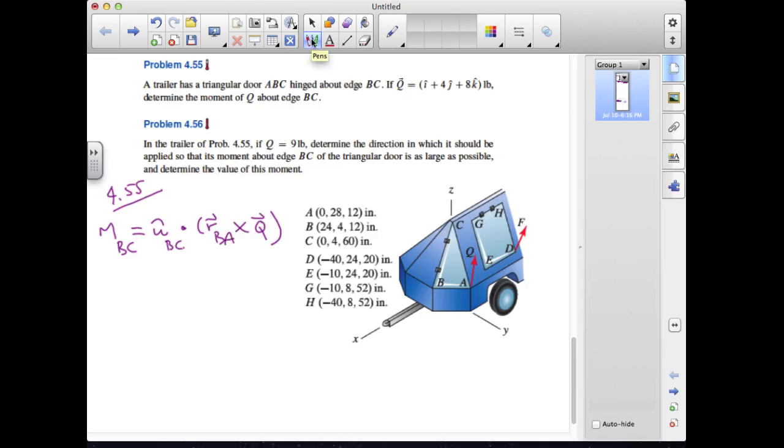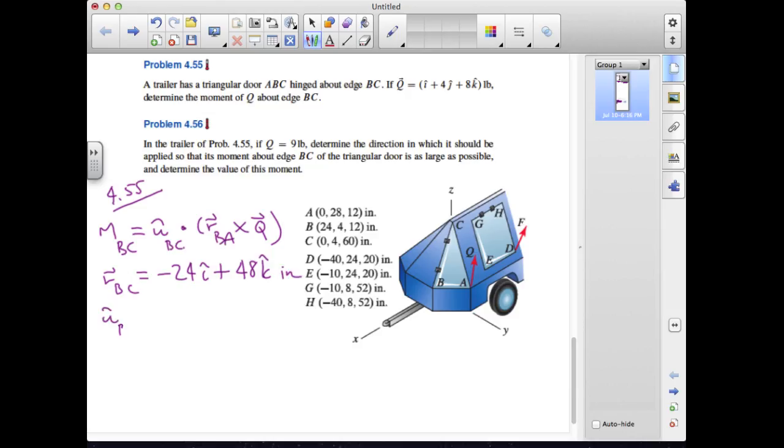Now we can define the unit vector UBC from the relative position vector RBC as RC minus RB, and if we carry that out, we get minus 24I plus 48K inches.